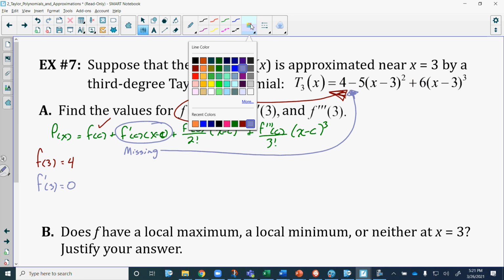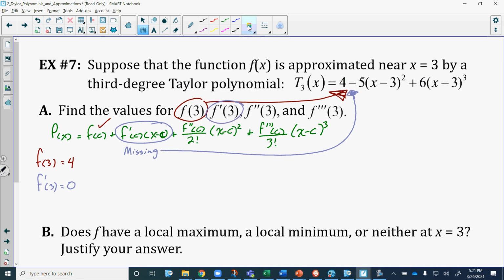So let's try f double prime of 3. F double prime of 3, in this case, is equal to the second degree portion of the polynomial, where we're looking at this bit here.